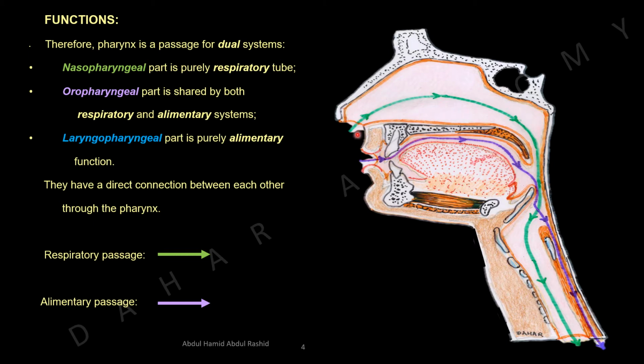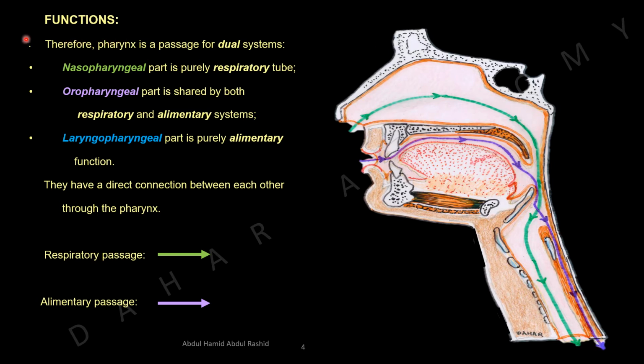The green color is for respiratory. This is the one coming through the nose, through the nasopharynx, through the oropharynx and entering into the windpipe here. The purple arrow goes through the oral cavity, through the oropharynx, enters the laryngopharynx and then goes down into the esophagus.